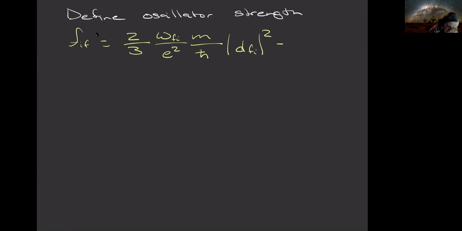So we define the oscillator strength f_if, which is equal to 2/3 omega_fi over e squared m over h bar times the magnitude of the dipole squared. And that relates to the Einstein B coefficient. You can just do the algebra to show that yourself.